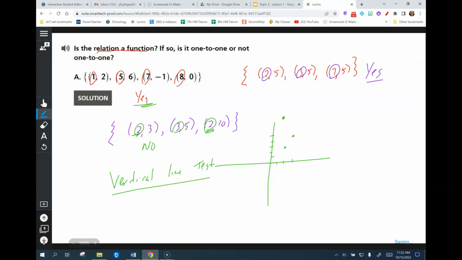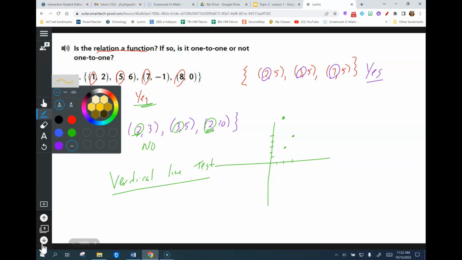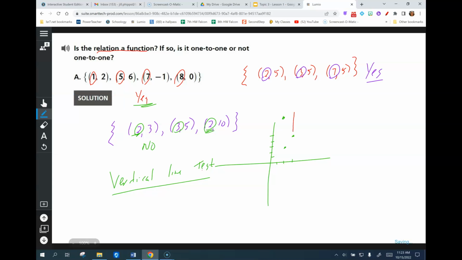What the vertical line test says is that you can draw a vertical line wherever you darn well please and find out if it passes through the graph. If it hits the graph more than once, then it is not a function. So right here, I can draw a line and it only touches once. But if I draw a line here, it touches 2 points at the same time. So this one is not a function because it fails the vertical line test.